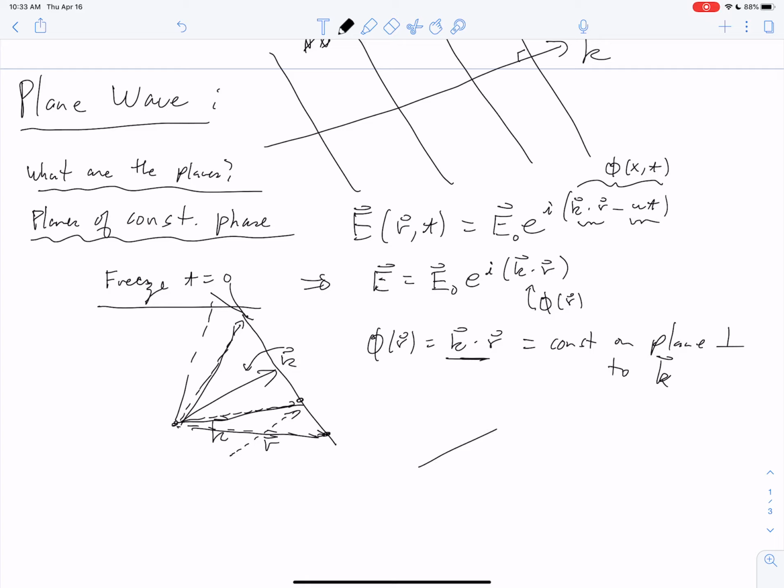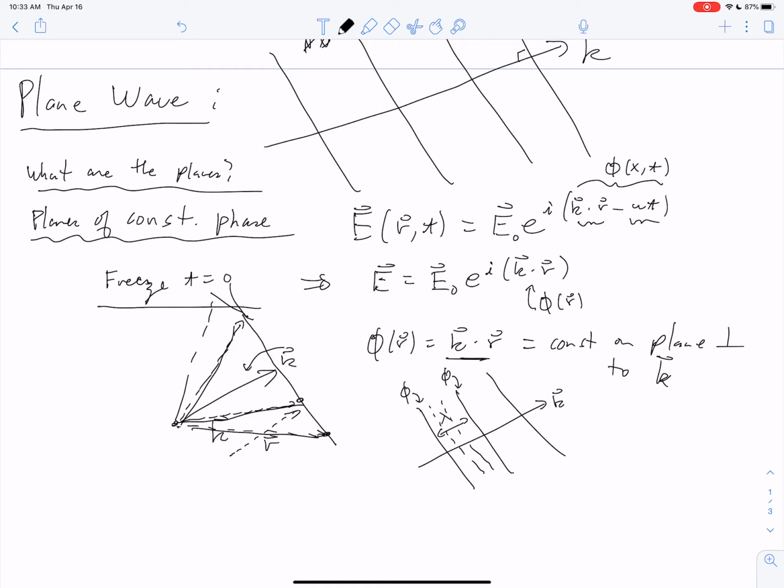And so it's convenient to pick these planes of constant phase. If this is the direction k, and this is a distance lambda, then the phase is the same. So phi here is the same as the phase on this plane. The phase is constant on this plane everywhere, but if I go to another plane here, the phase will be different, and here it's different again.